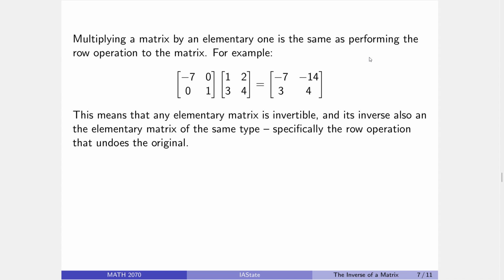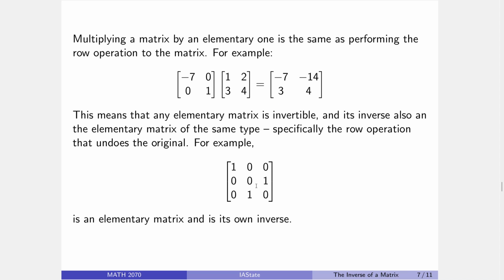That's really powerful, because it tells me that every elementary matrix has to be invertible, because its inverse is given by the elementary matrix of the same type, specifically the row operation undoing whatever you did. So if you were to scale by -7, then scaling by -1/7 will get us back to the identity. If you were to swap two rows, then swap the rows again, you're back to the original matrix. And scaling and adding a row will scale and add to make the zero.